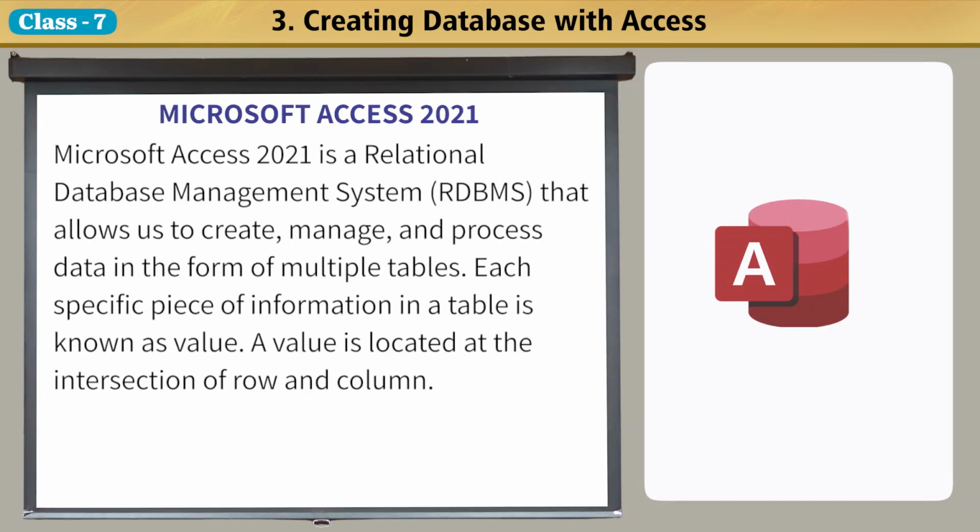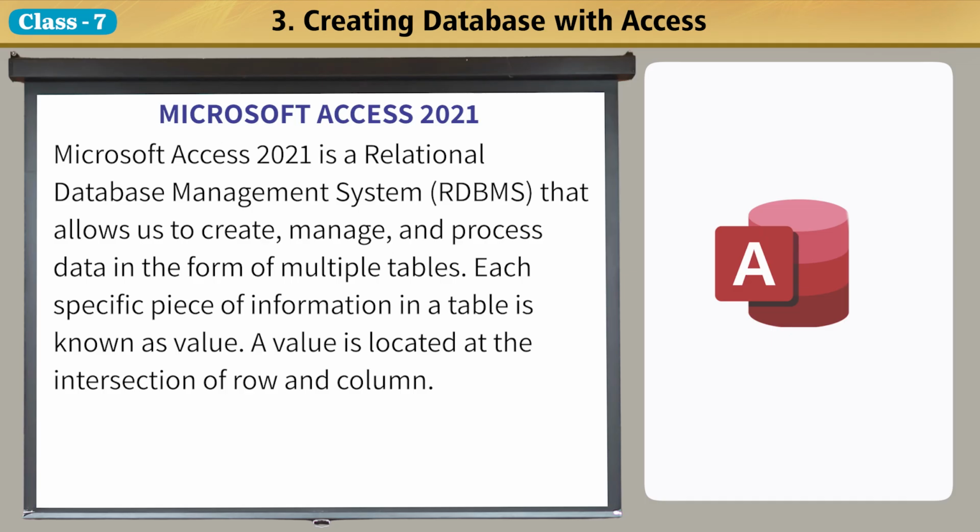Microsoft Access 2021. Microsoft Access 2021 is a relational database management system (RDBMS) that allows us to create, manage, and process data in the form of multiple tables. Each specific piece of information in a table is known as a value.